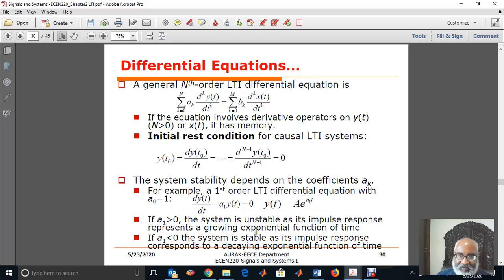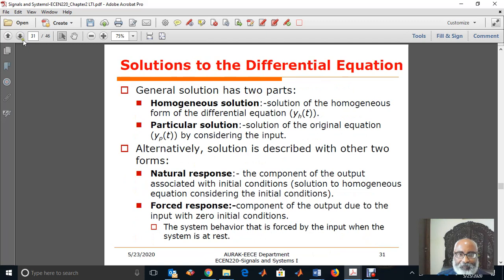If a1 is greater than 0, the system will be unstable because it is not absolutely integrable. If a1 is less than 0, the system will be stable because the impulse response is absolutely integrable, or it is a decaying exponential function.